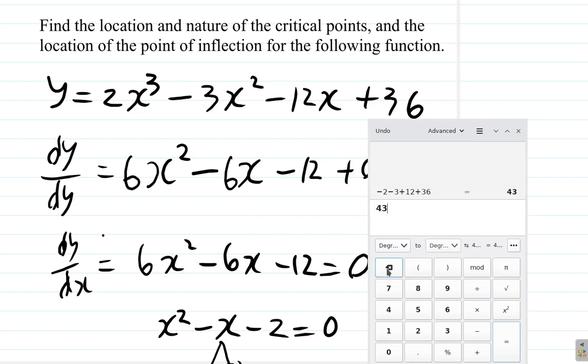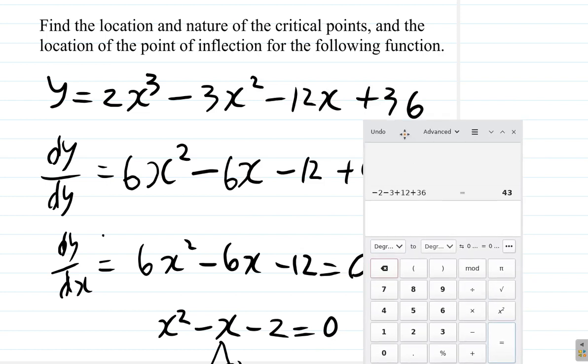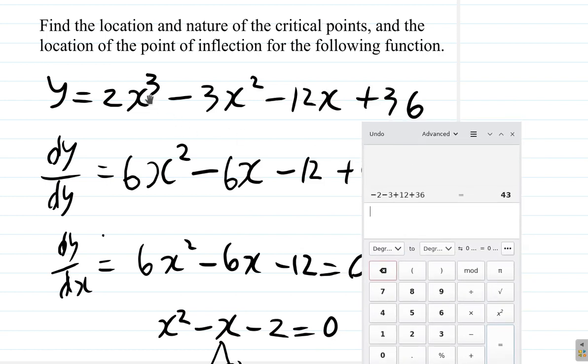So here, when x is 2, 2 2s are 4, 4 2s are 8. 2 cubed is 8, 8 2s are 16, so it's 16 minus 2 2s are 4, 4 3s are 12, minus 12. 12 minus 12 2s is 24, 24 plus 36 equals 16.